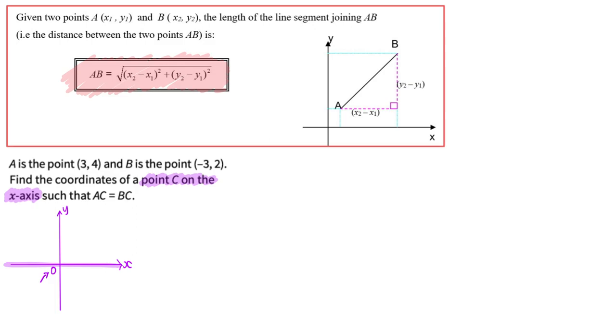This means that we could, for a start, let P, 0 be the coordinates of point C. Okay, once we have established this, then we could apply what we have by using this information now.